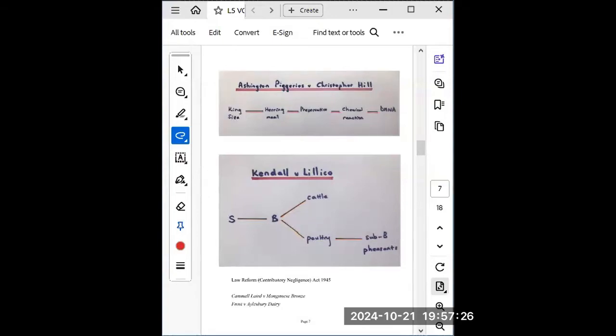Goods must be fit for that particular purpose. But if goods have a number of purposes, like Ashington Piggeries or like Kendall against Lillico, these cases suggest that goods must be fit for all of those purposes.